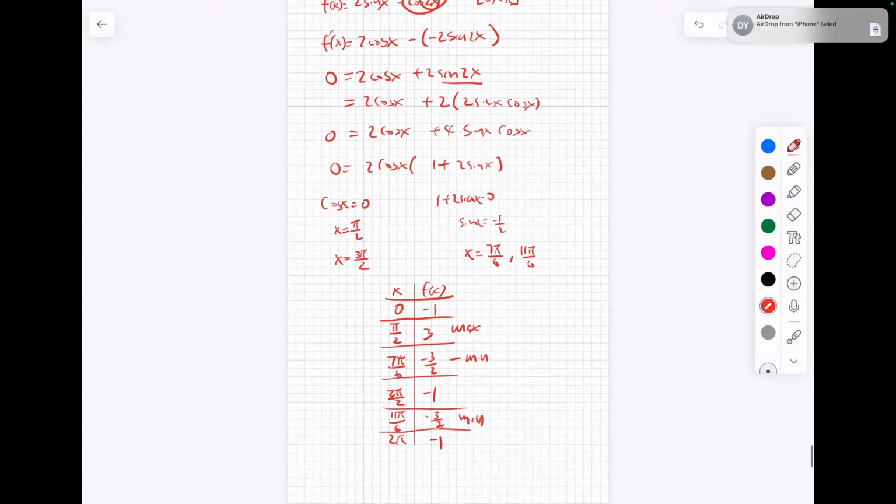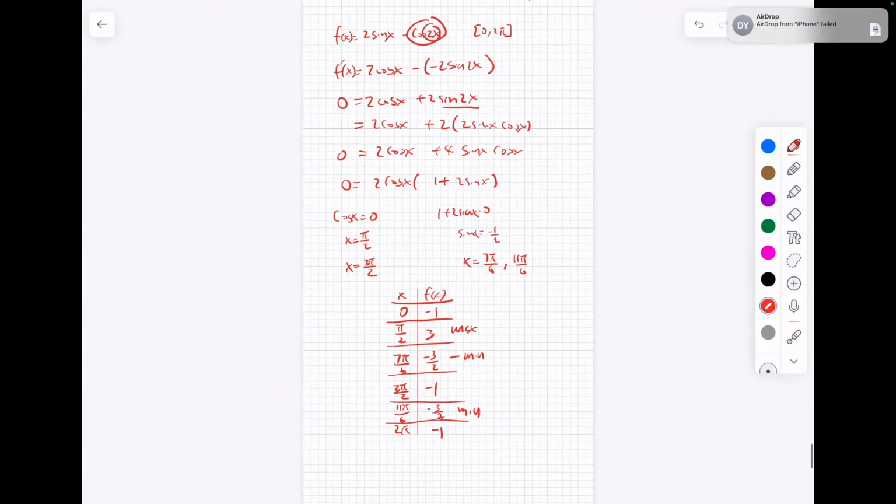Can you post on the group chat? Wait, Mr., would this just allow us to get as many numbers as we want? No, we only identify critical numbers. We only plug in the critical numbers. So we need only the critical numbers and the 2 endpoints. In this case, I have 1, 2, 3, 4 critical numbers. There are always 2 endpoints, one at each end.